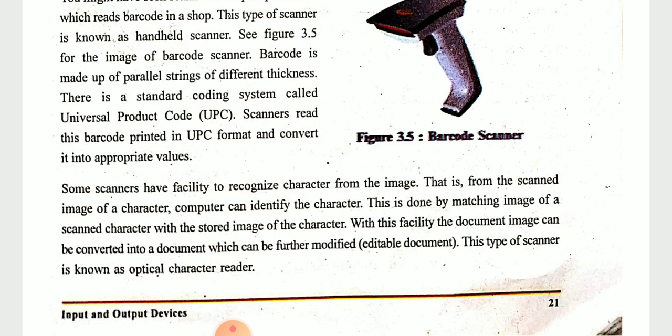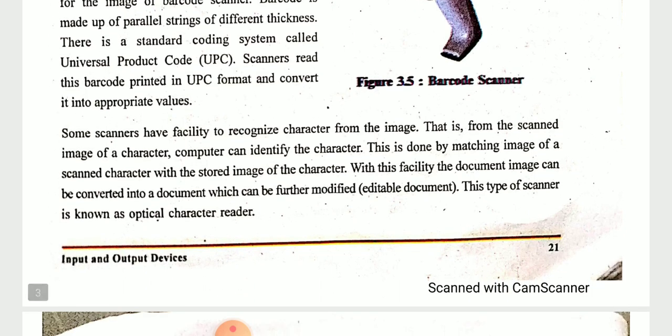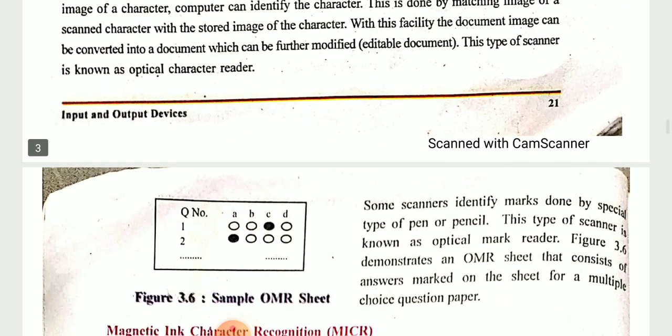It means the shopkeeper scans the code and then converts this code into the appropriate value. Some scanners have the facility to recognize characters from the image. That is, from the scanned image of a character, the computer can identify the character. This is done by matching the image of a scanned character.